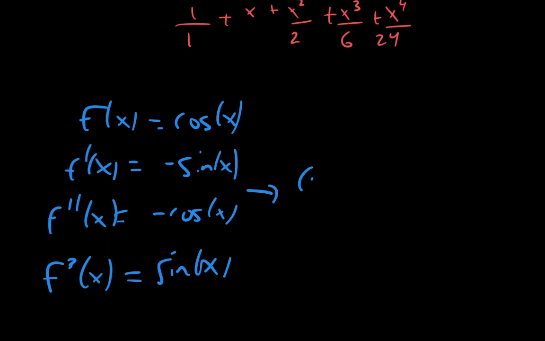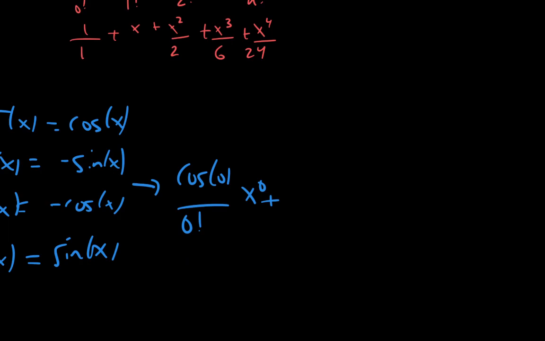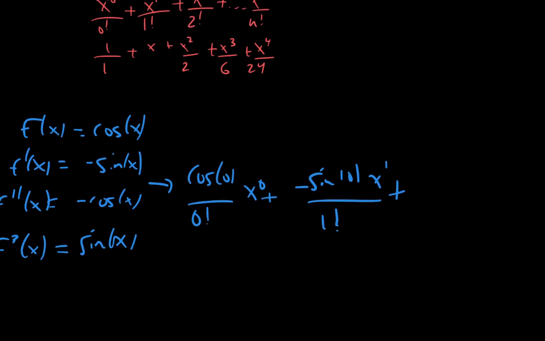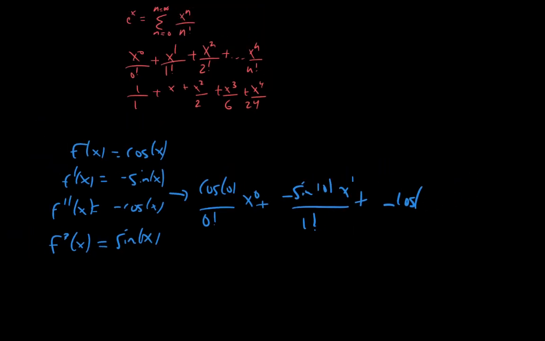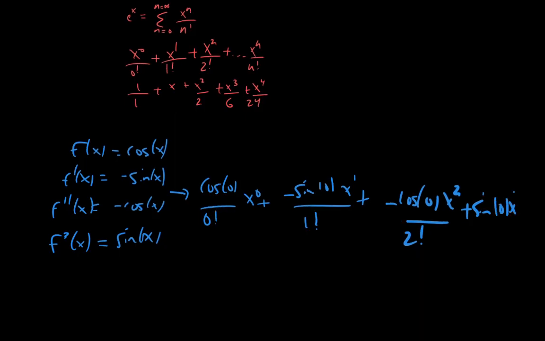So this would be cosine of 0 divided by 0 factorial x to the 0 plus negative sine of 0 x to the 1 over 1 factorial plus negative cosine of 0 x squared over 2 factorial plus sine of 0 x cubed over 3 factorial.